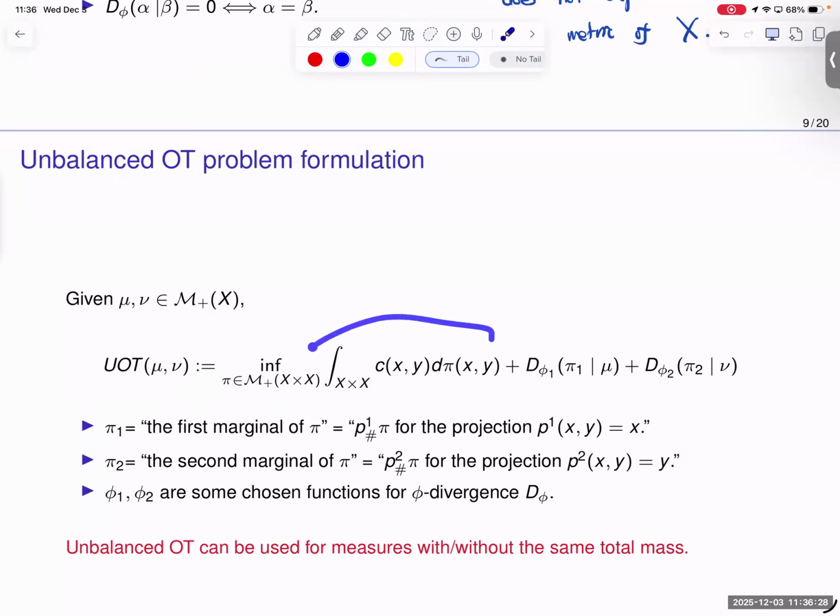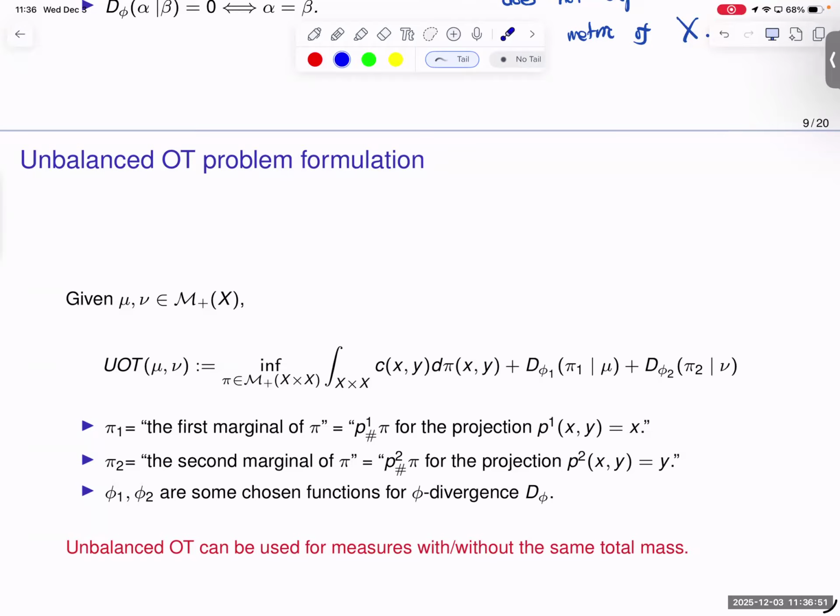So you have this transportation cost part for some transport plan, but this transport plan may not match the given marginals. What is a transport plan between two measures?